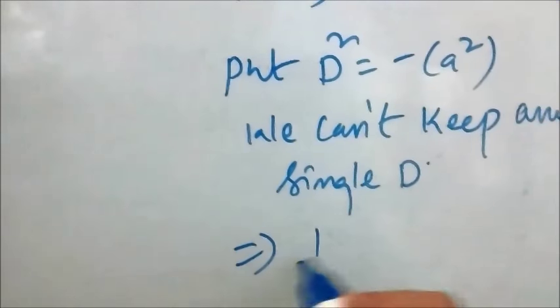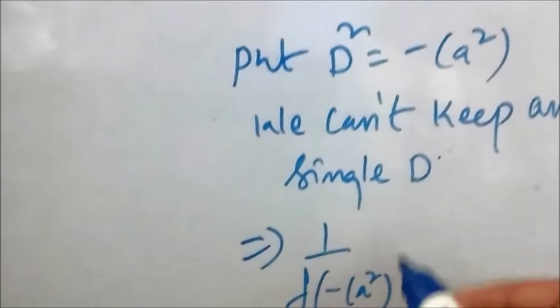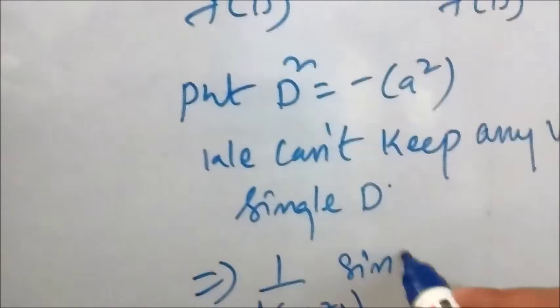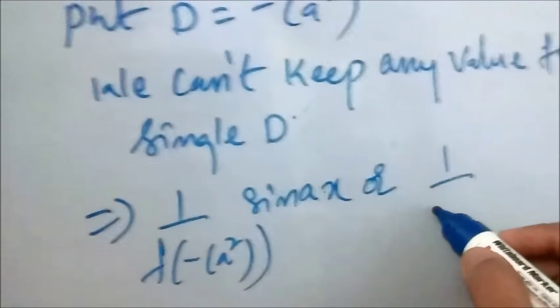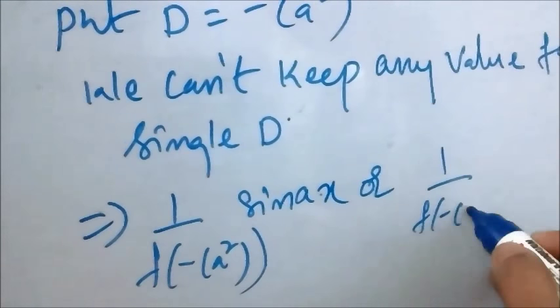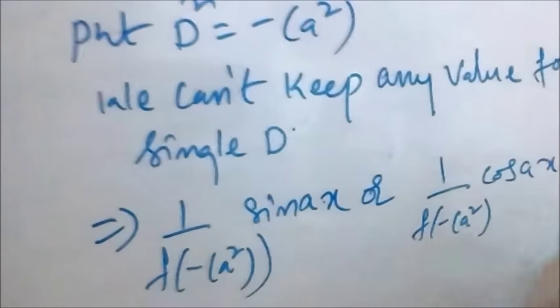It's equal to 1 by f of minus a square sin ax, or 1 by f of minus a square cos ax.